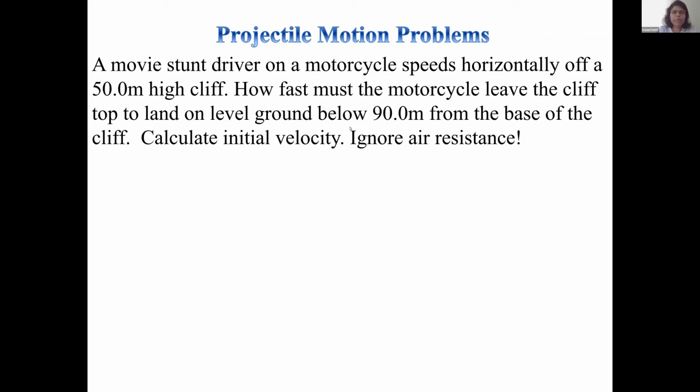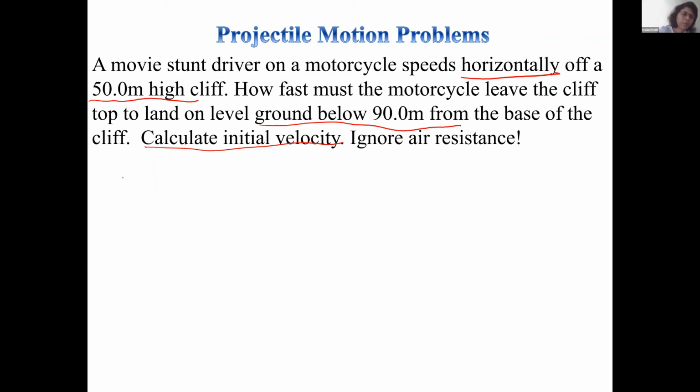So now I have a motorcycle driver with speed horizontally. That information is important. Then the driver leaves the cliff and lands on the ground 90 meters away, and we calculate the initial velocity. Those are the informations given in the question. First, you definitely need to draw the diagram, because physics does not work unless you draw the cartoon and label your coordinate system.